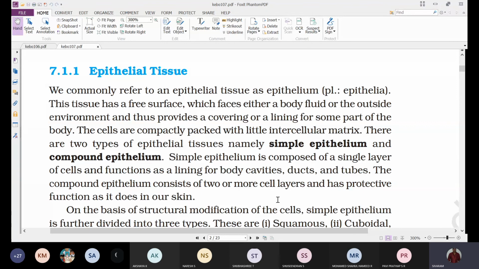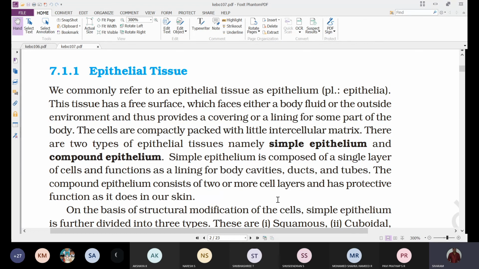The epithelial tissues are very compactly arranged with no intercellular space or very little intercellular space, which we call the matrix.